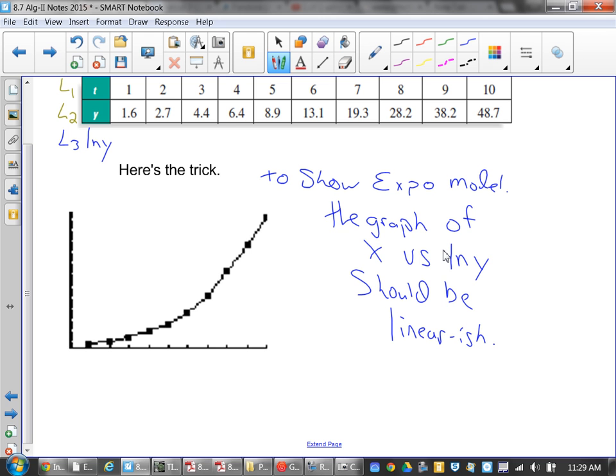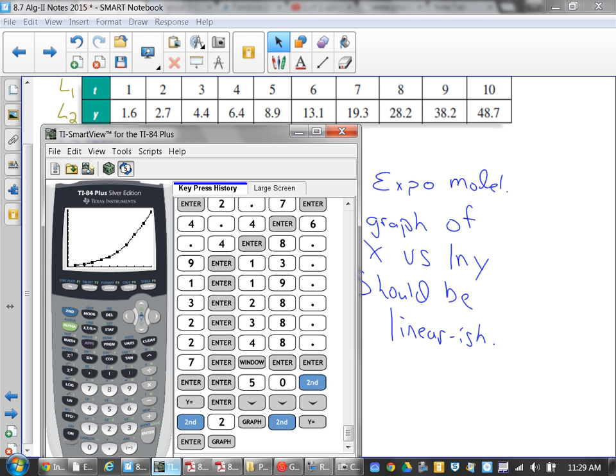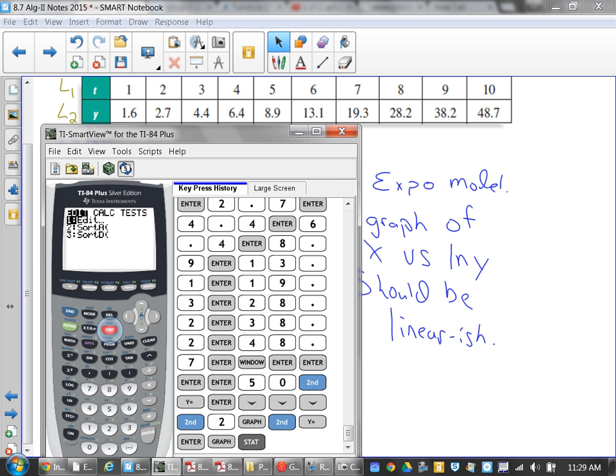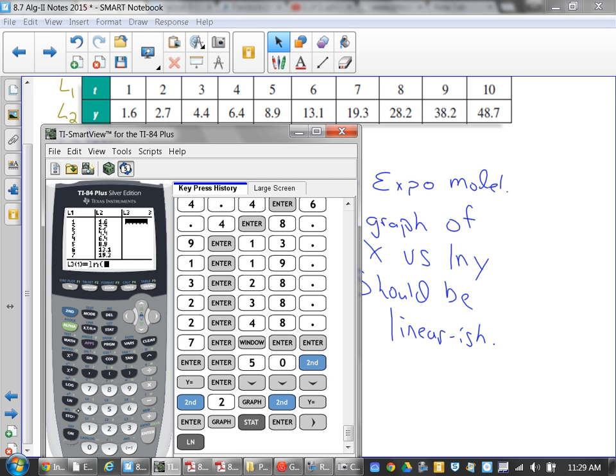Okay. So here's how you do this in your calculator. I want to create a third list, an L3, if you will. We do that again by going to your stat edit. And you see where it says L3? Just go over there. Now type in natural log 1.6.